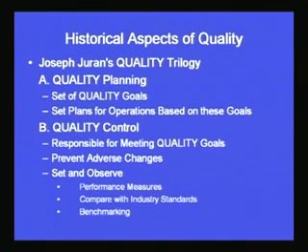Joseph Juran has given a quality trilogy. He has divided it into three important aspects. The first was quality planning: set quality goals, and set plans for operations based on these goals. We have to set the quality goals, that this is the quality that we want to achieve. So the goal has to be very clear. Then we have to set the plans for operations based on these goals.